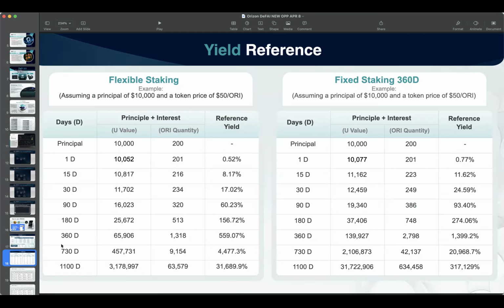That's in 1 year. Now, on fixed, that same $10,000 can become $139,000. The point here is that at every point in time, whatever you get with Flexi for 1 year, you get double of that amount if you did fixed for 1 year. Okay? Just showing you a comparison here.